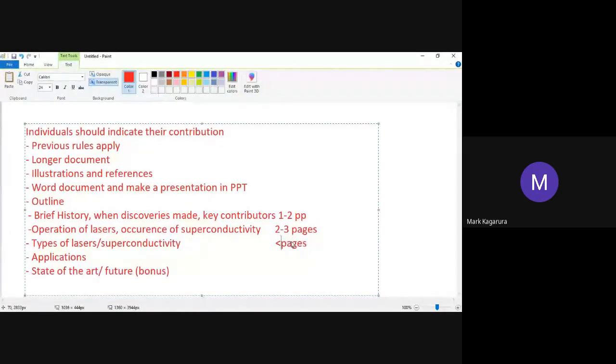So for types of lasers, there are many types anyway, but depending on the groups, let's say you have 1 type per page, maybe 5. 5 is decent. Applications, also 5 to 6.